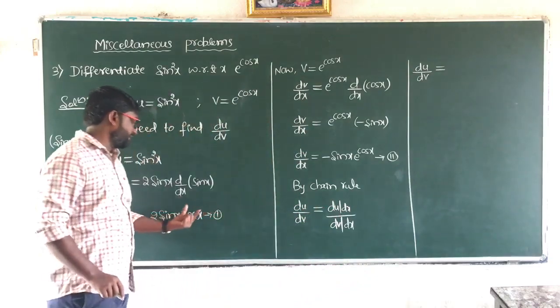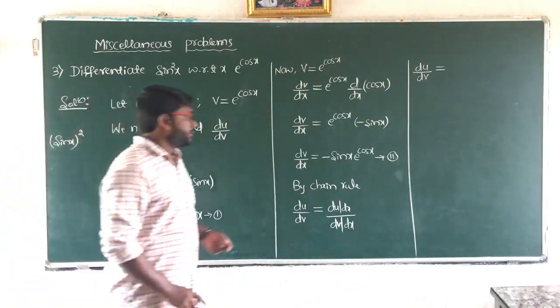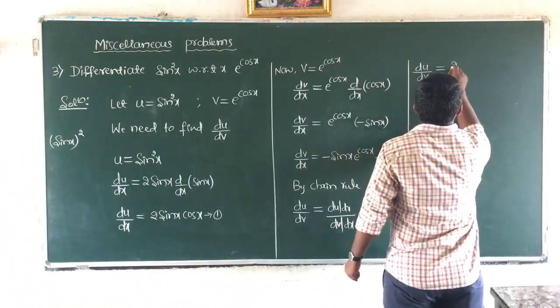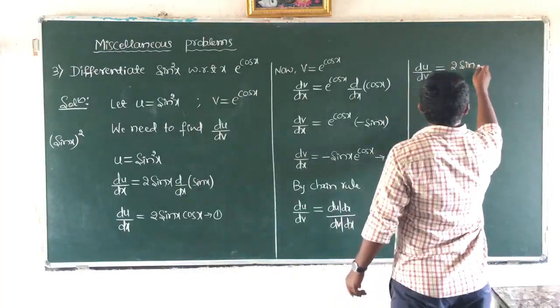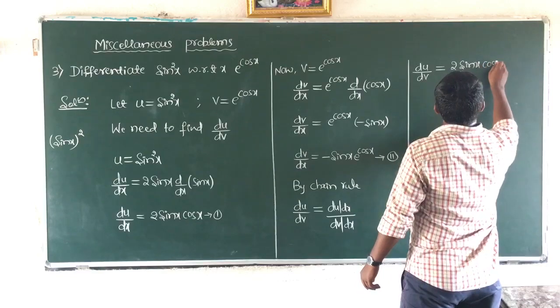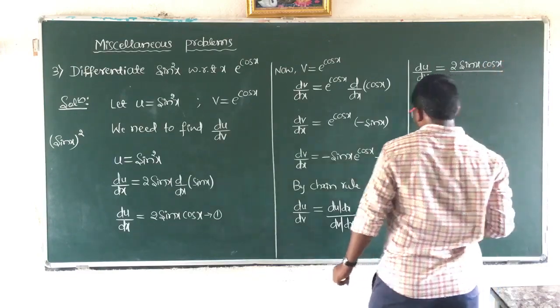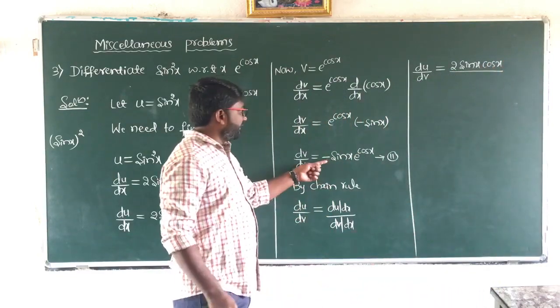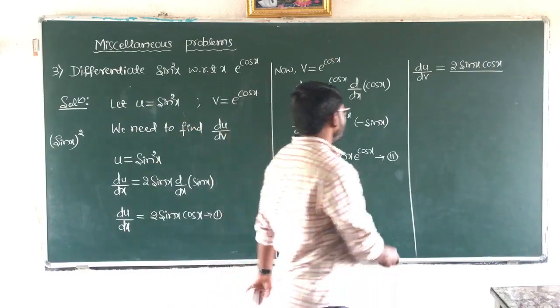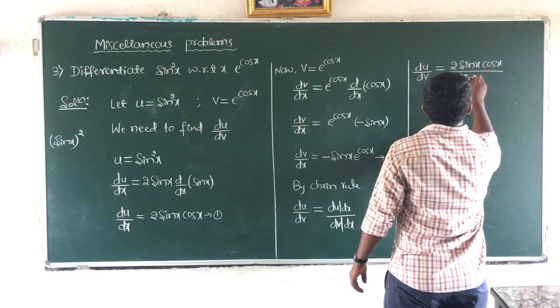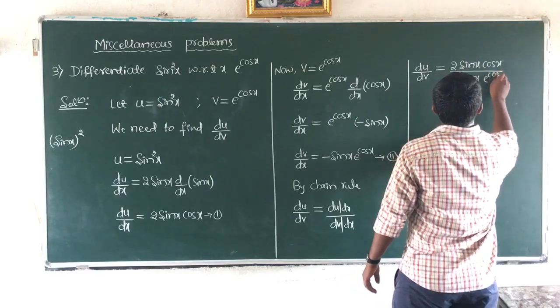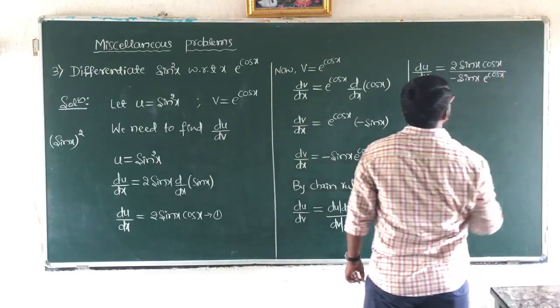It is equation number 1, 2 sin x into cos x, divided by minus sin x into e raised to cos x.